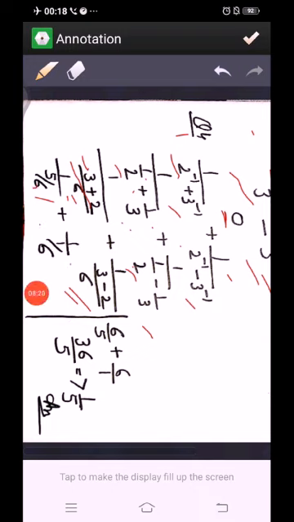So this 6 will come up, this 6 will come up, and this will become 6 upon 5 and 6 upon 1. Taking LCM and added, 5 6s are 30 and 6 added, that is 36 upon 5. So we get here 7 whole 1 by 5, changing to the mixed fraction.